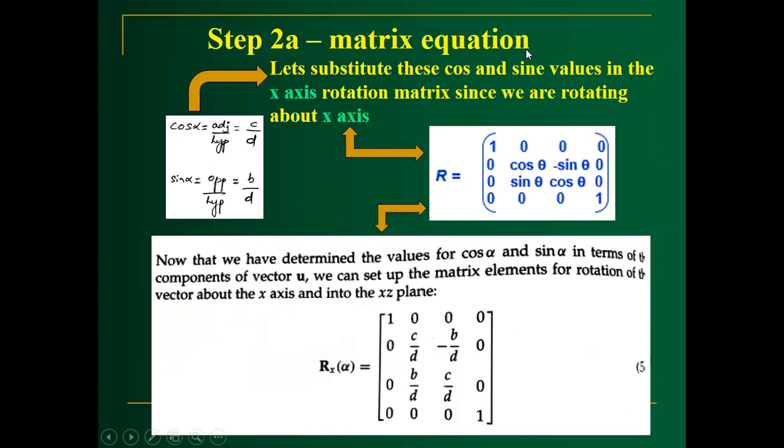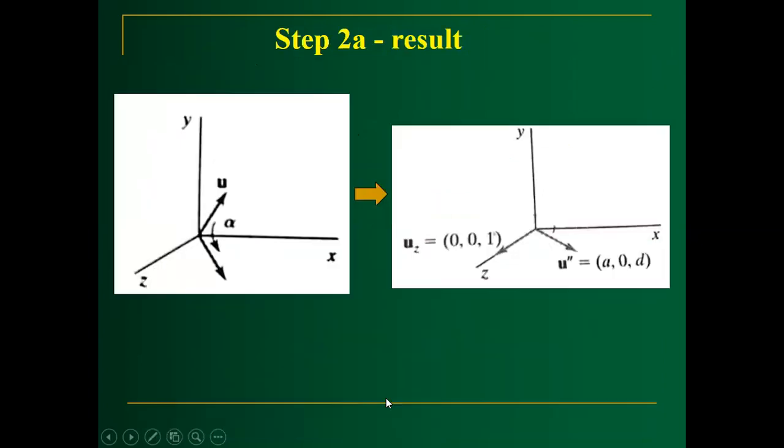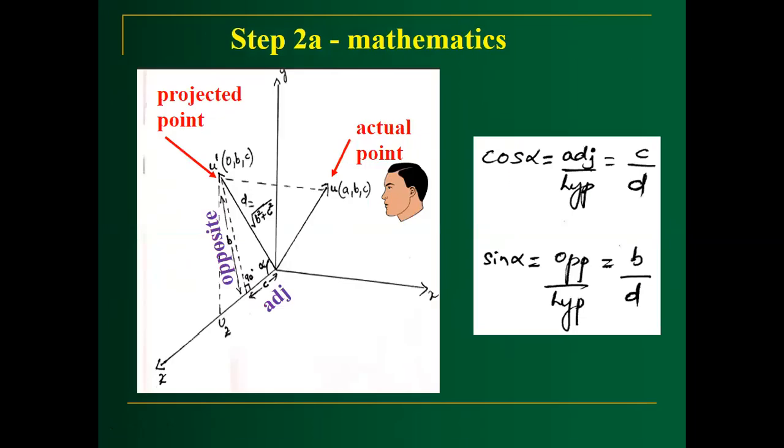Now 2a's result is Rx of alpha. The original vector was something like this, which is the output of step 1. In step 2a, we saw U via the x-axis, so we got U dash, that is the shadow, the projected point. Remember, the projected point.